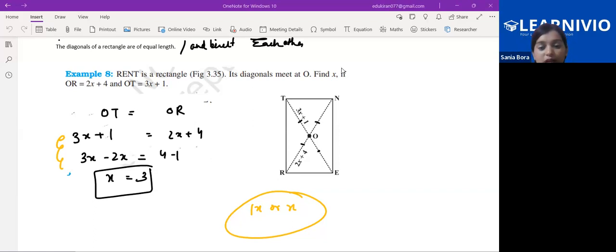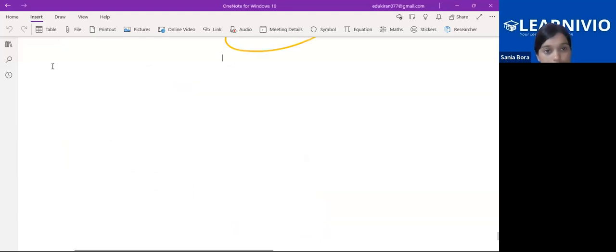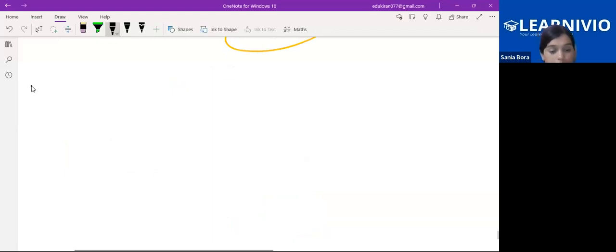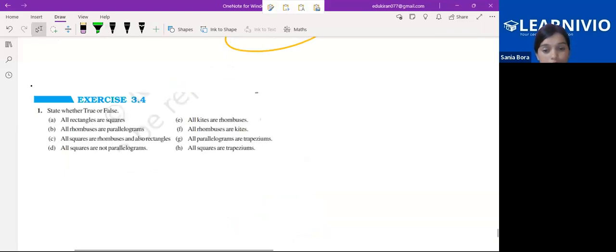Okay. So let's just start with the exercise today, students. I hope you have revisited the concept of properties of quadrilaterals. Okay, so let's quickly start. Can you people see the screen? Yes, ma'am.